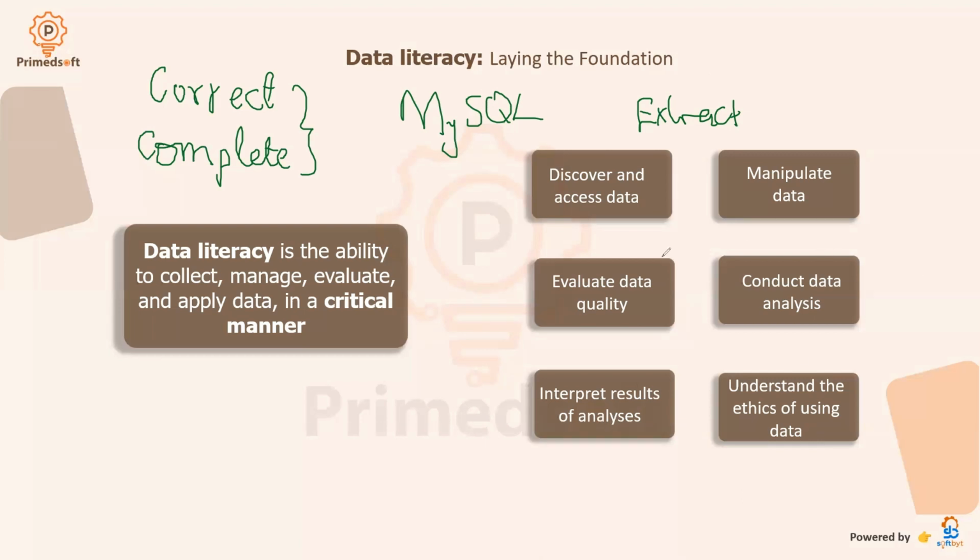And then after finding out all these things, you should be able to conduct data analysis. You need to know how to analyze your data set, getting insight from it. And when you're done analyzing it, you will then be able to interpret the results.